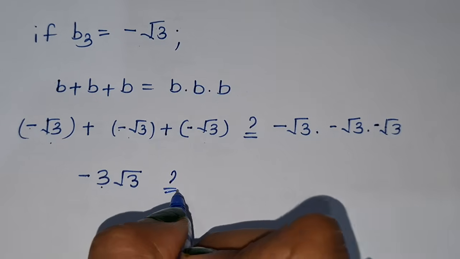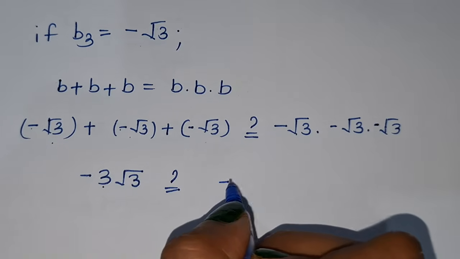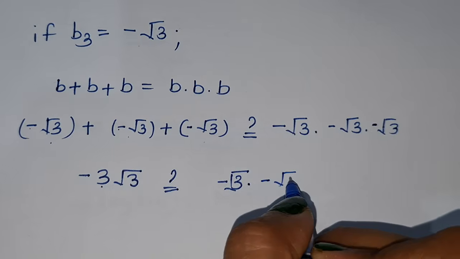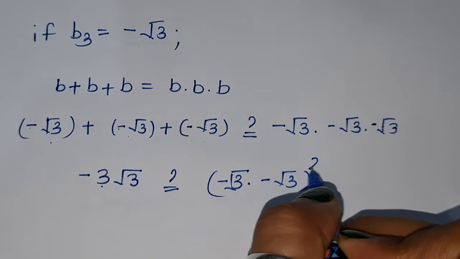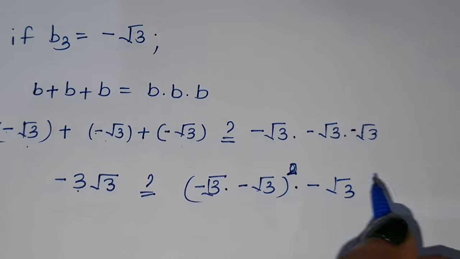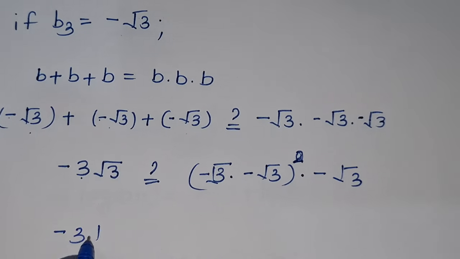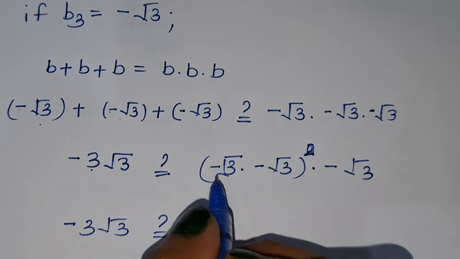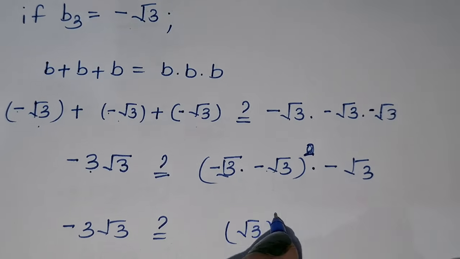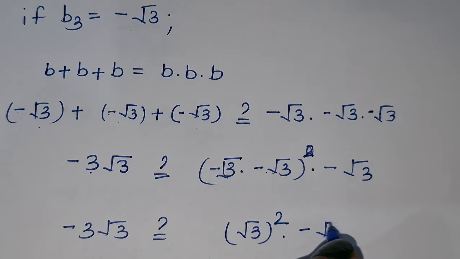Now on the right, minus square root of 3 times minus square root of 3 times minus square root of 3. Minus times minus is plus, so it will become square root of 3 whole square times minus square root of 3.